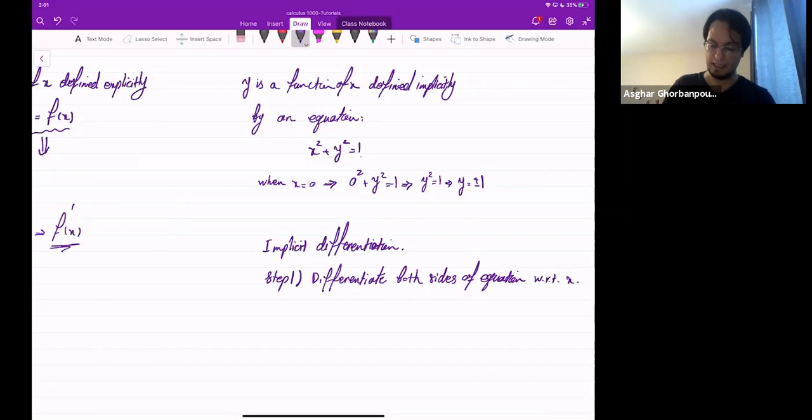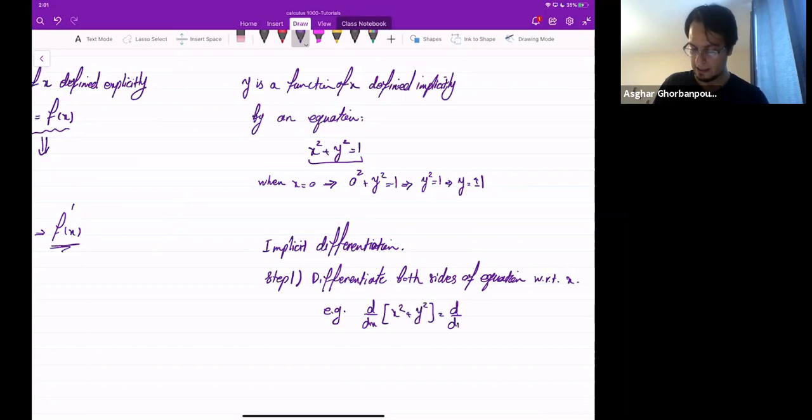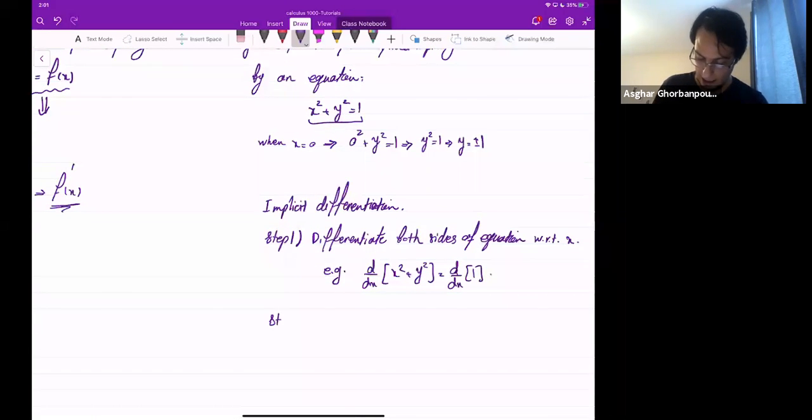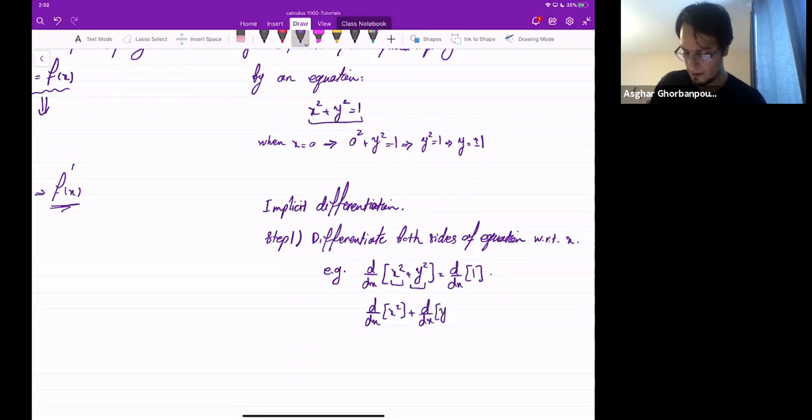For example, like the one you have up there, I will try to do an example of that. d/dx of x squared plus y squared equals d/dx of 1. Before I go to step two, I know how to differentiate sums of two things, okay? So this will be the derivative of the first one plus the derivative of the second one. And then the derivative of one is zero.